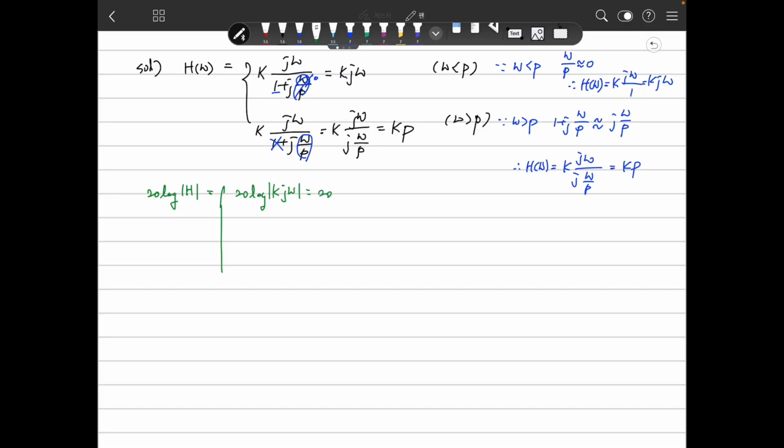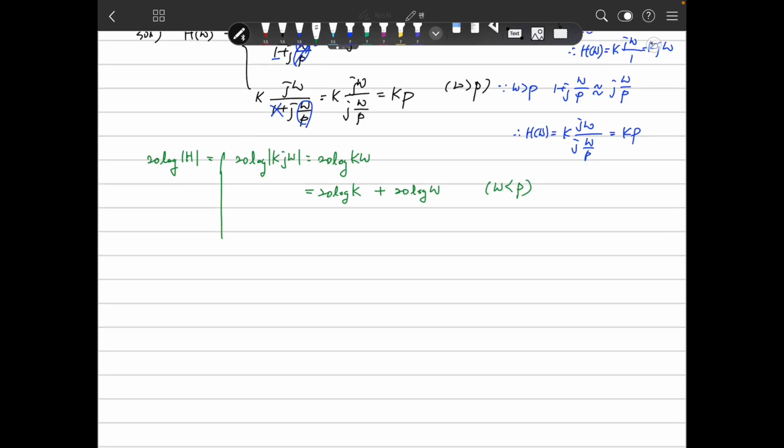Therefore, 20 log K omega. So it will be 20 log K plus 20 log omega when omega is smaller than p.